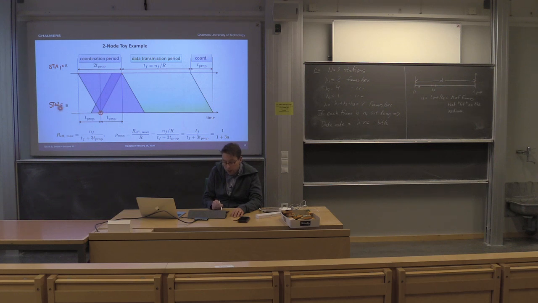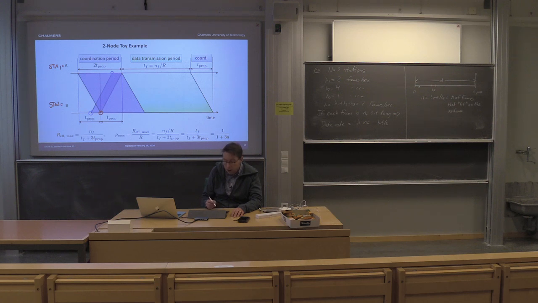Now, station B is also having a frame to transmit, and that frame becomes ready at this point in time. So here station B has a frame to transmit. Station B listens to the channel, and if the channel is idle here, it starts to transmit its reservation signal, and it reaches the other side at this point in time.